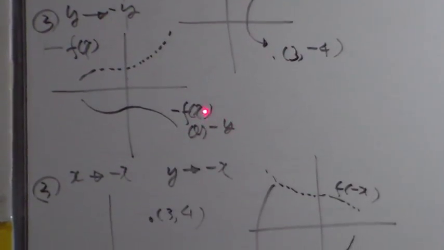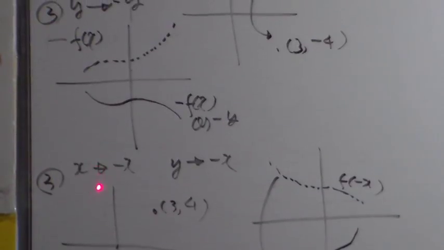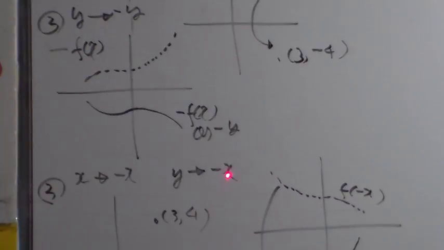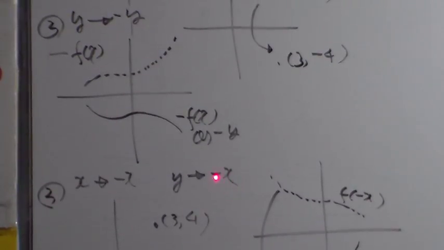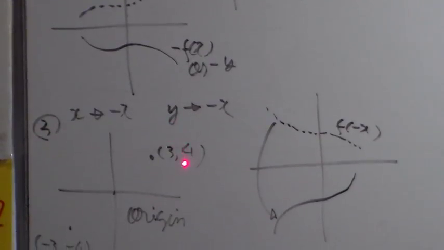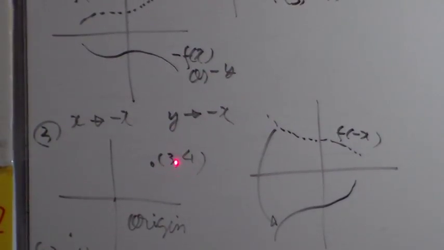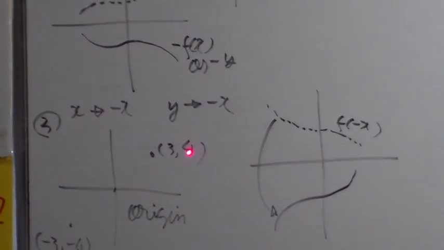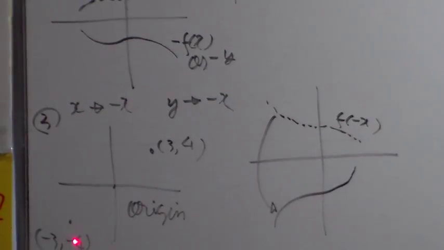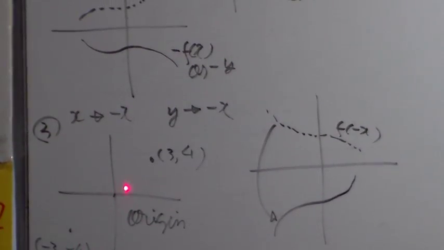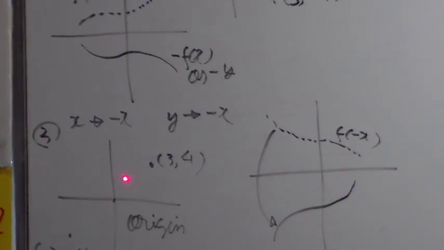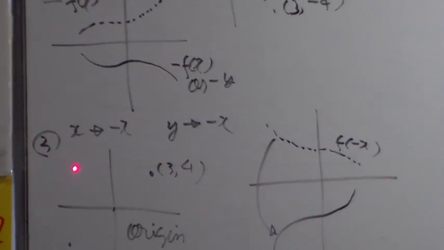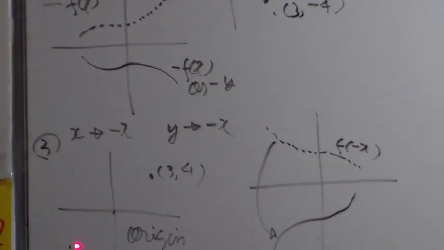Next one is a combination of x and y. X is replaced by minus x, and y is replaced by, oops, this should be minus y. What happened? Same idea. The initial location is this, right? So x is replaced by minus x, which is minus 3, and y is replaced by minus 4. That means it is a mirror image through the origin. That means flip over the y-axis, then the x-axis again.